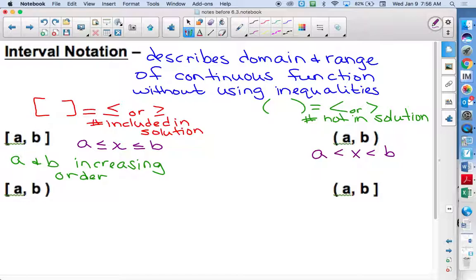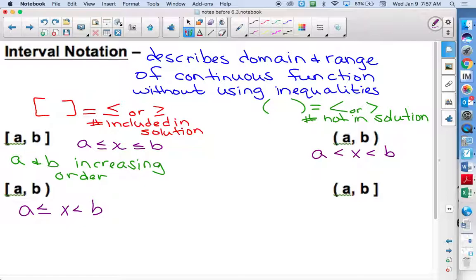The other 2 options are for when you might have both things happening in the problem. One number might be included, but the other one isn't part of the answer. And so that's why you have a bracket and a parenthesis. So I would write A is less than or equal to, because there's a bracket around the A. That means A is part of the answer. But B is not part of the answer. So maybe we had a closed circle at A, but an open circle at B. And that's why we would have both options in the domain or in the range.